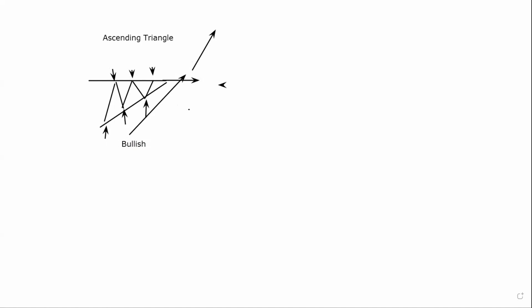Similarly, if you have this channel here, the price is coming down like this. So what is happening? Do you see? It's building pressure to the upside, but the highs have the same pressure. Got it?